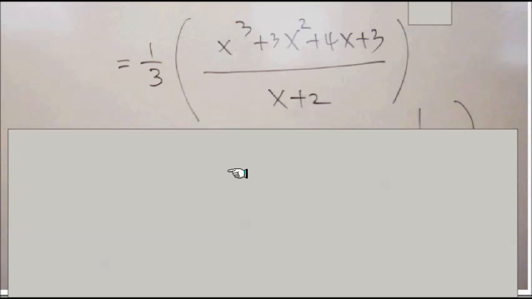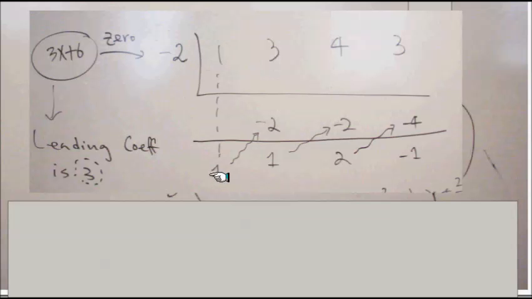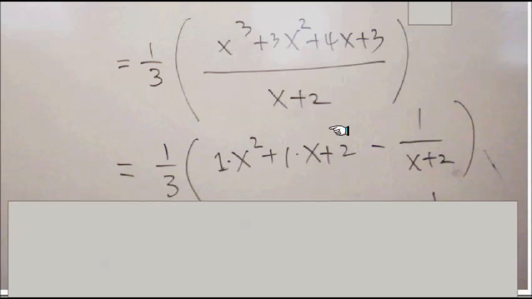So I'm copying down here. That synthetic division gives you 1, 1, 2 as the coefficients for the quotient and -1 as a remainder. So I copy down 1, 1, 2, that's the quotient part in this rational form, quotient form. The quotient just appeared as a polynomial, and the remainder goes to the numerator of this fractional part.